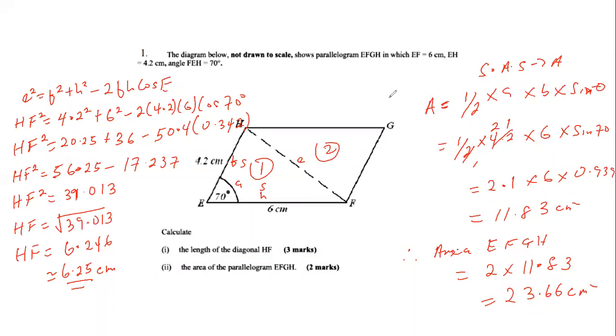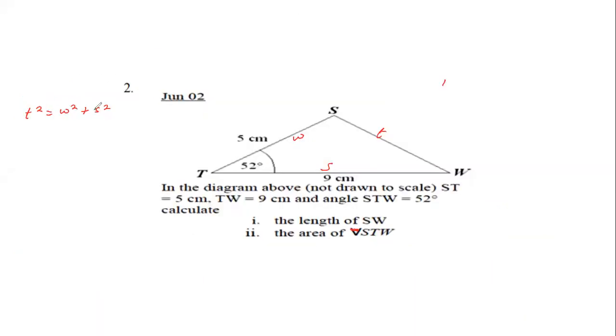So T squared is equal to W squared plus S squared, take away 2WS cos 52.